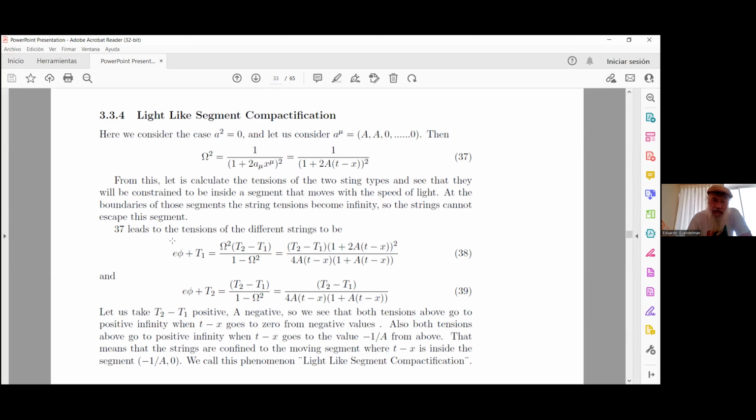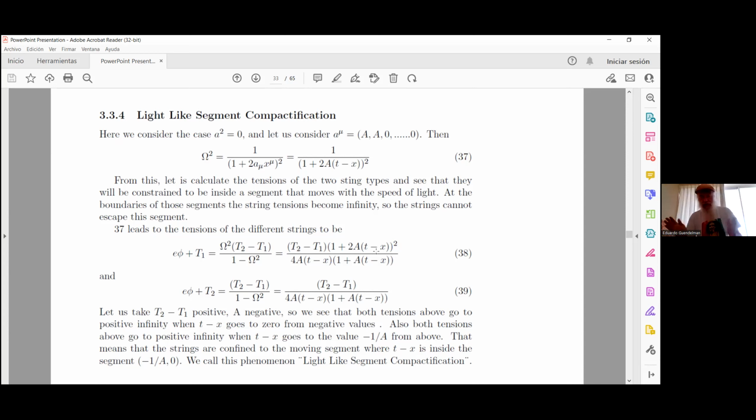And we solve for the tensions. The tension of one type of string is this. The tension of the other string is this. Look at the points where t minus x equals 0. This produces infinite tension, and also for the other string. And the point where this is 0 is another place where the tensions go to 0.